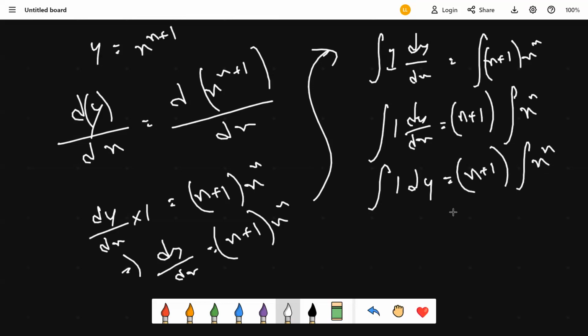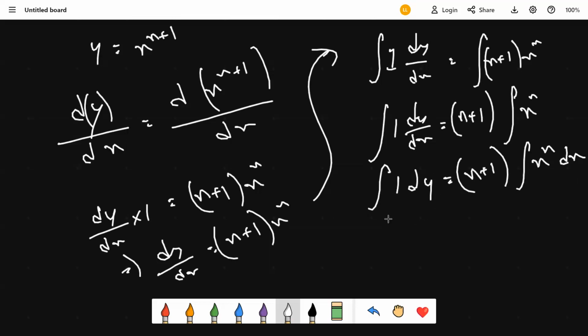And we have to remember that we have to insert that dx inside the integration part. If you consider this as a bracket, the integration is applicable only inside this bracket, and over here this integration is also applicable inside this bracket, and that's why we need to insert that dx inside the integration function there. Now we can simply just integrate.